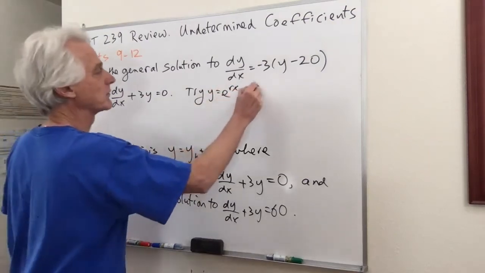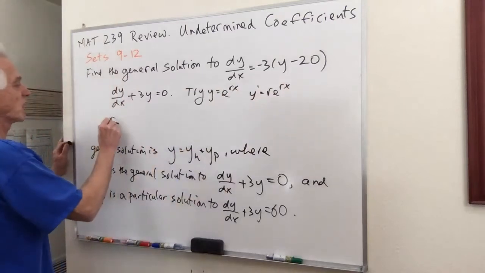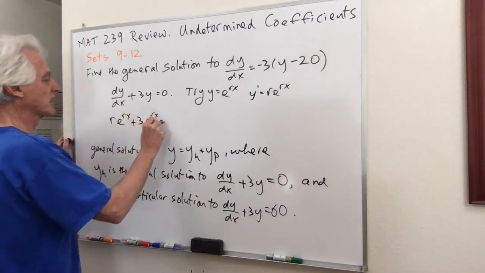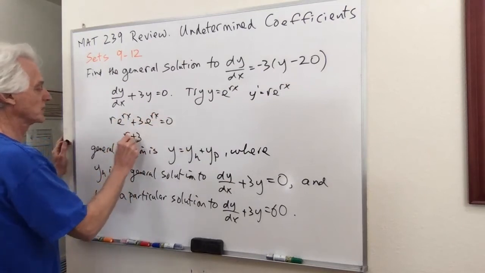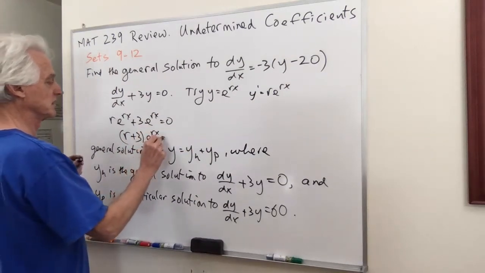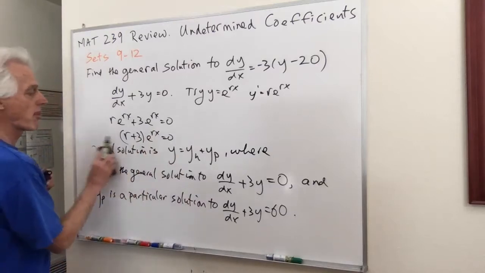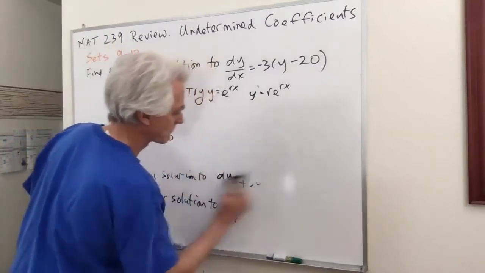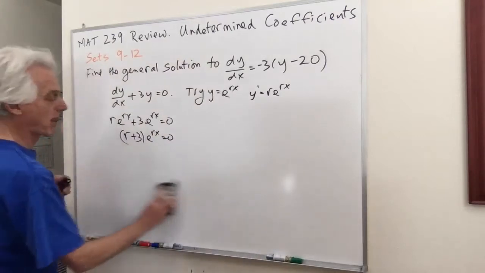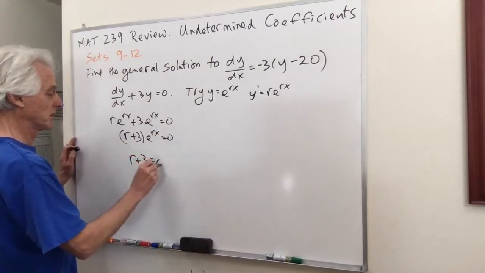So y prime is r e to the rx. We get the characteristic equation. This becomes r e to the rx plus 3 e to the rx equals 0, or r plus 3 times e to the rx equals 0, or r plus 3 is 0, right?